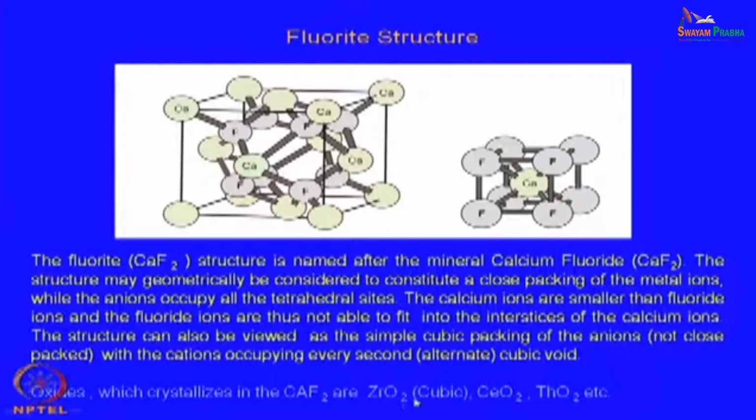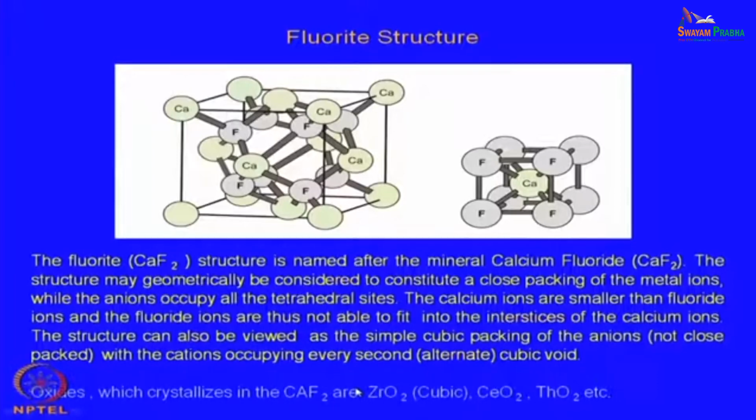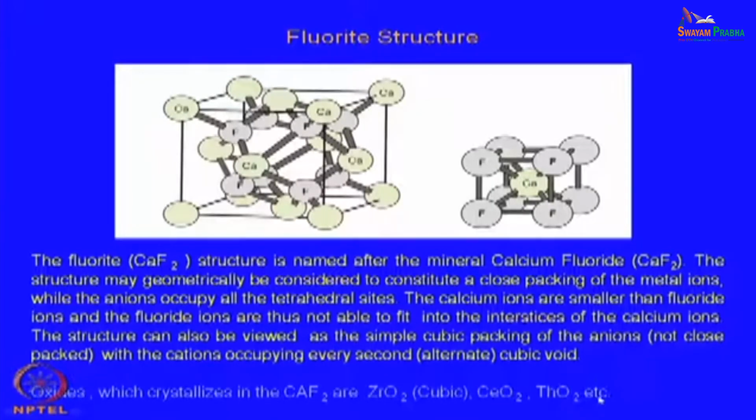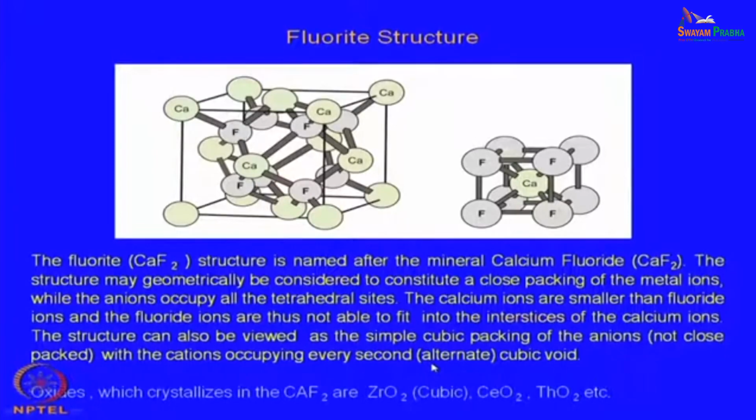So all these have a particular structure, and they also have some common property characteristics. We will discuss that later. Because of the structural similarity, these oxides have certain similarity in electrical properties in particular.